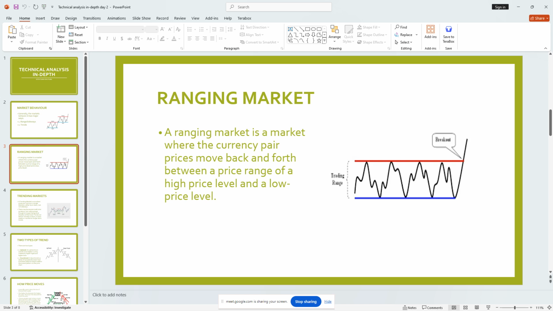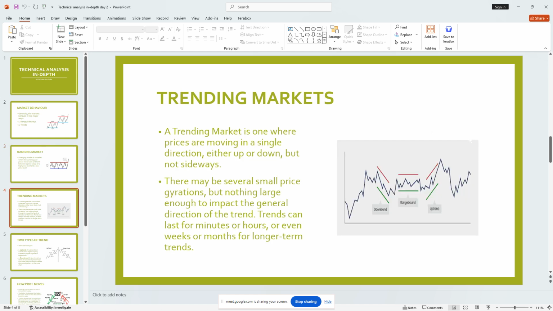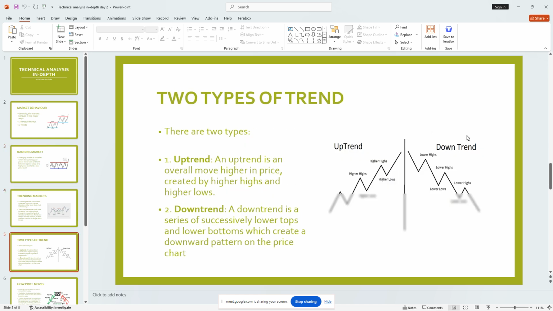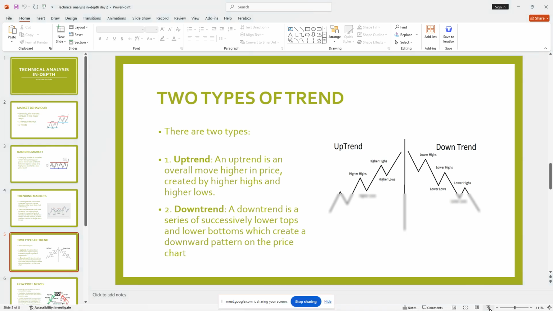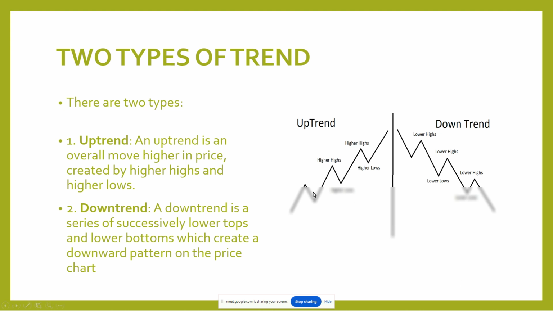So for trend, we said that we have two types of trend: uptrend and downtrend. According to last class, in an uptrend, you always have a series of higher highs and higher lows. Meaning the market will be forming higher highs, higher lows, higher highs, higher lows.